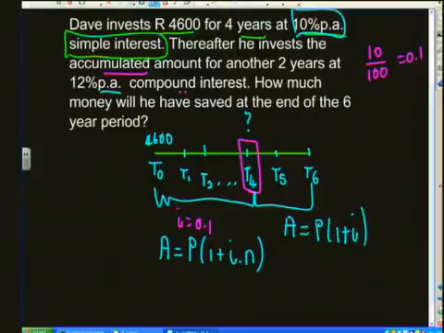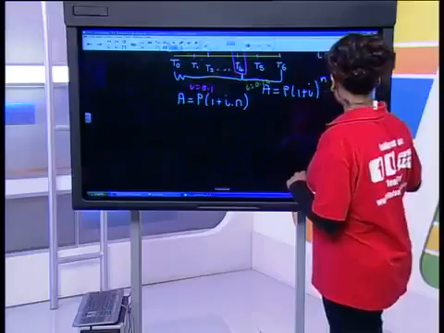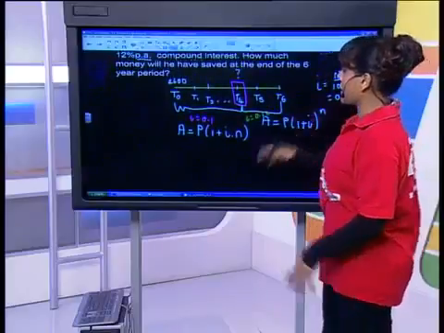Okay, 1 plus i to the power of n. Your interest rate at work in those last 2 years, in decimal form, we're going to take 12 divided by 100, and you get 0.12. So your interest rate here is 0.12.